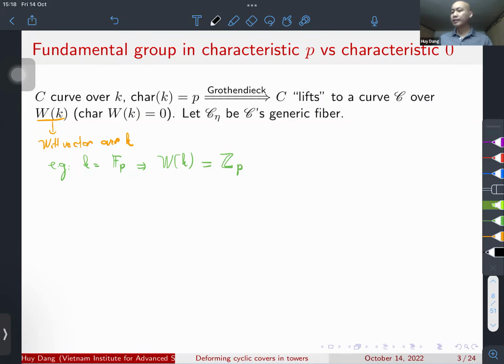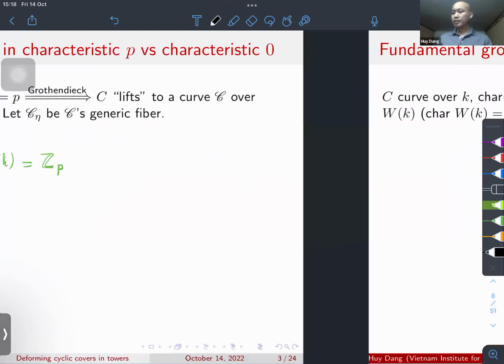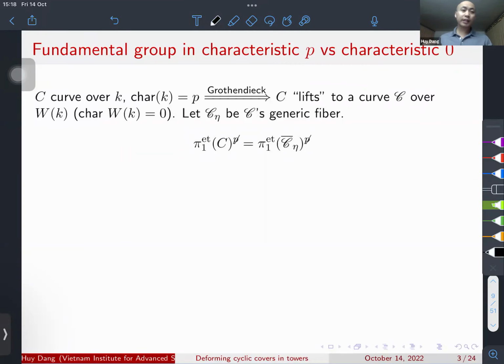And if we let C tilde eta be the generic fiber of C tilde, then also by Grothendieck, the prime-to-p part of the étale fundamental group of C is equal to that of the generic fiber.